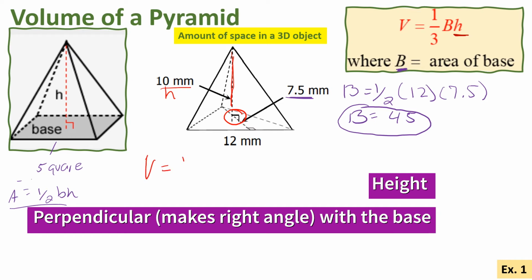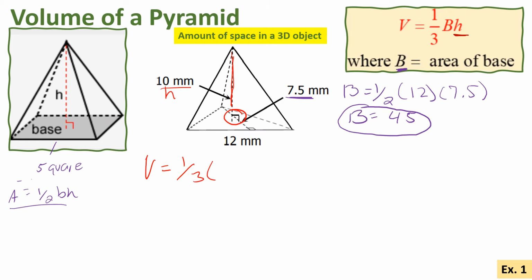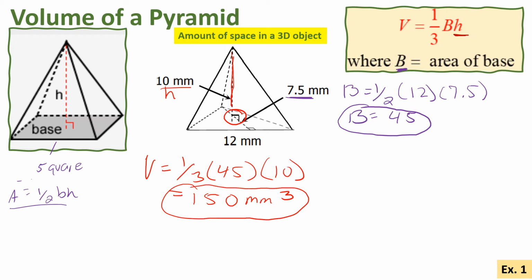Volume equals 1/3 times the area of the base, which is 45, times the height of the pyramid, which is 10. Just multiplying that through, I get 150 millimeters cubed. It is cubed because it's a 3-dimensional object. And so we have found the volume of this pyramid.